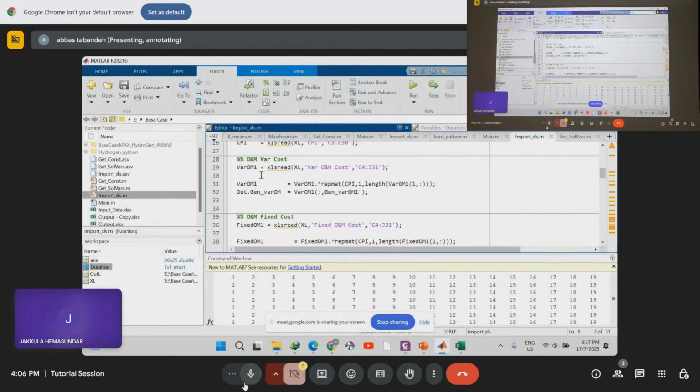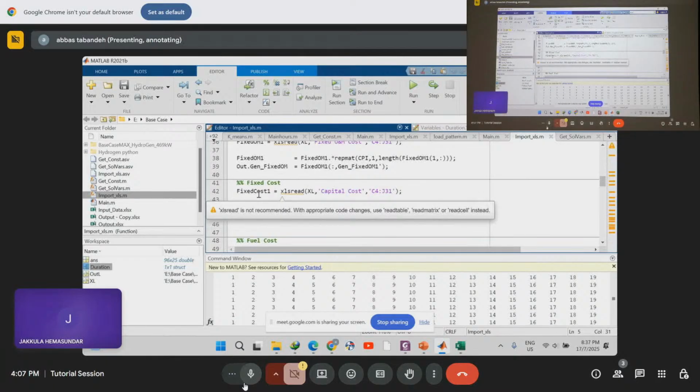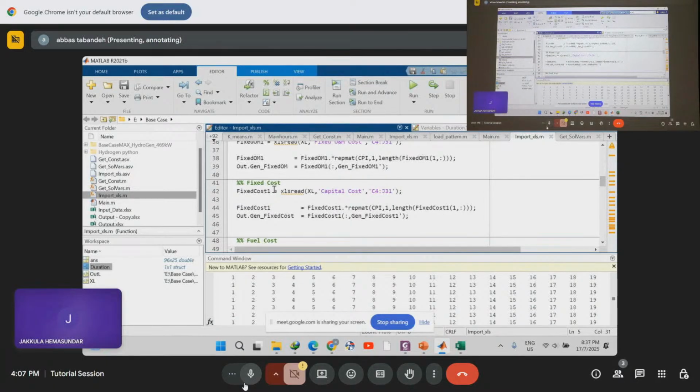And again, we will go to the variable cost sheet to extract the data, and here is operation and maintenance fixed cost, and this one is the total capital cost for technologies.